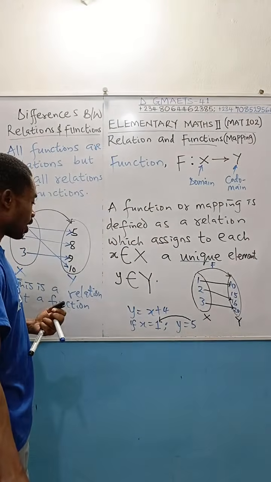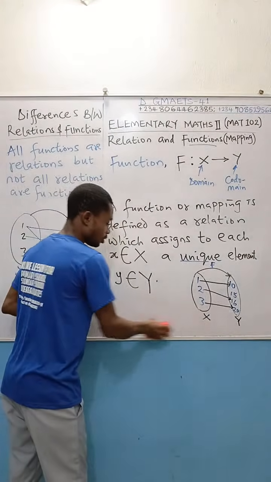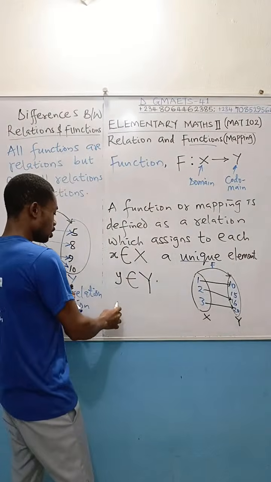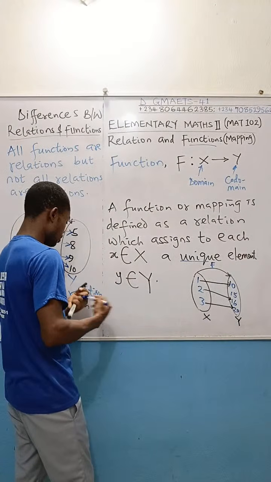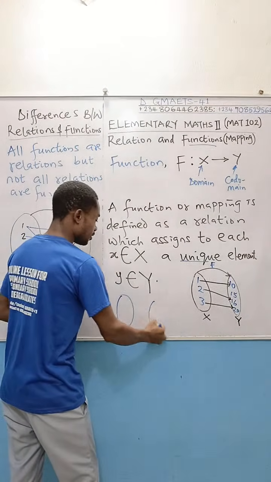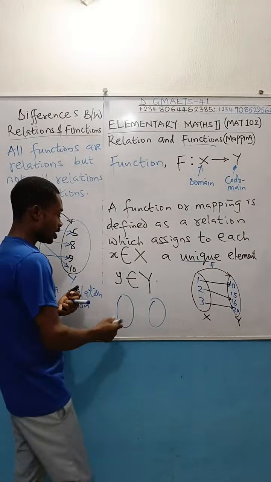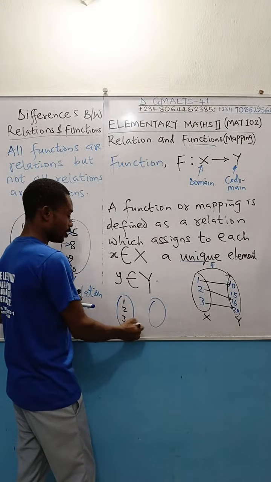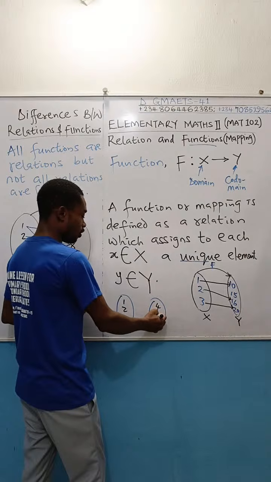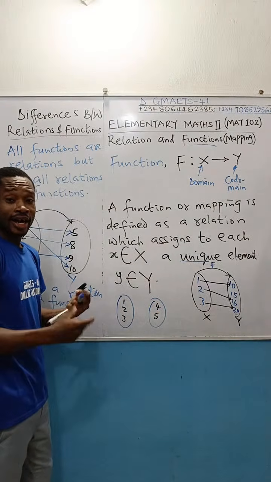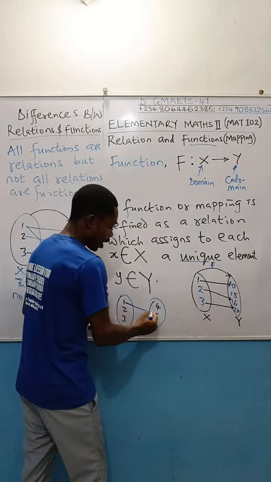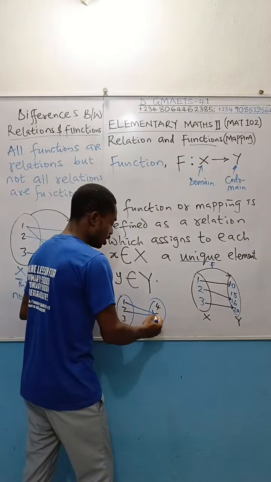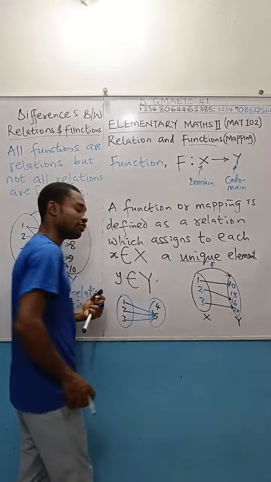Let me show you quickly why that is possible. Look at this. I have something like this, and then I give you 1, 2, 3, and 4, 5. Let us have this assignment: 1 is linked to 5, 2 is linked to 5, 3 is linked to 5.